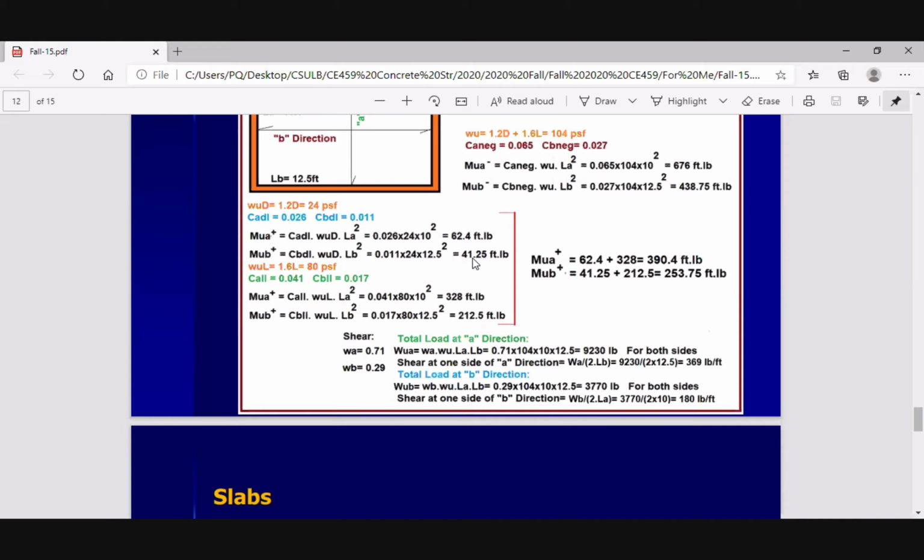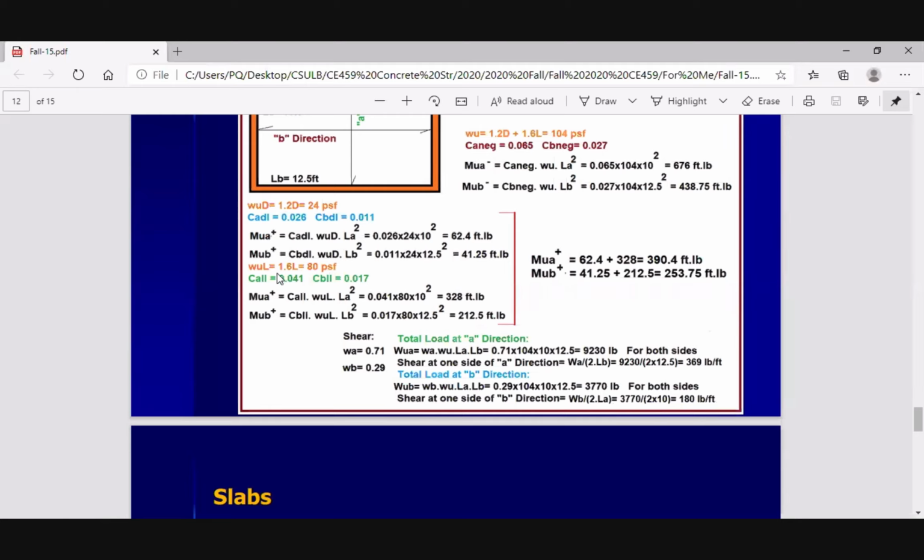As you can see, positive moment is more on the short side because the shorter the span, the bigger the moments are. If you see something opposite, it means that you considered something wrong. Yeah, just remember these are important.